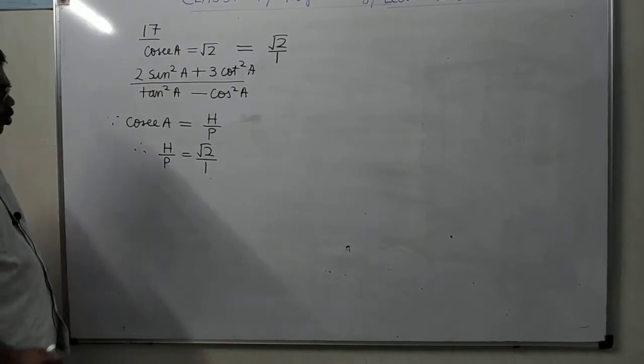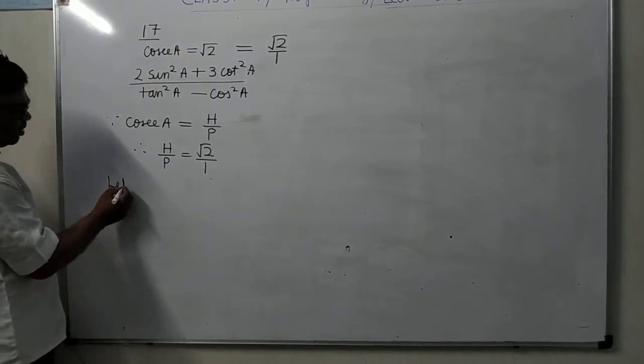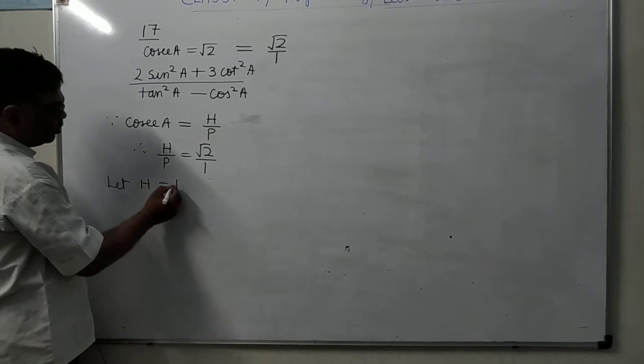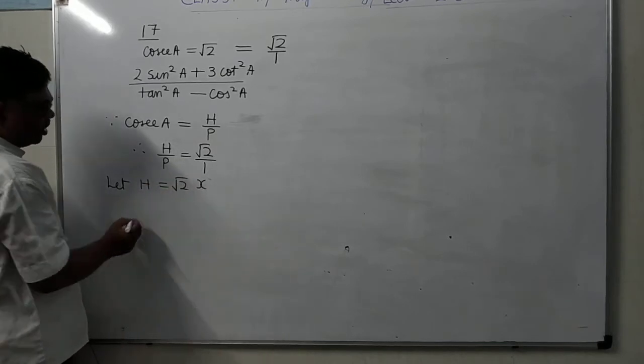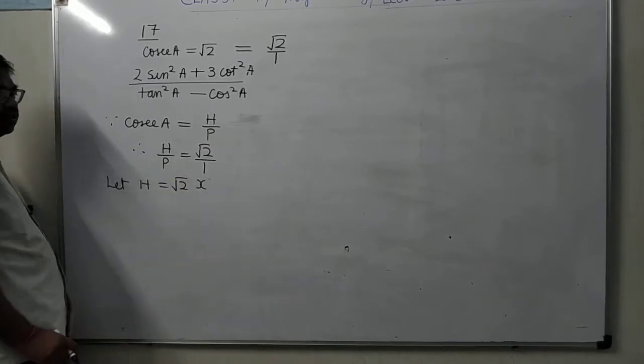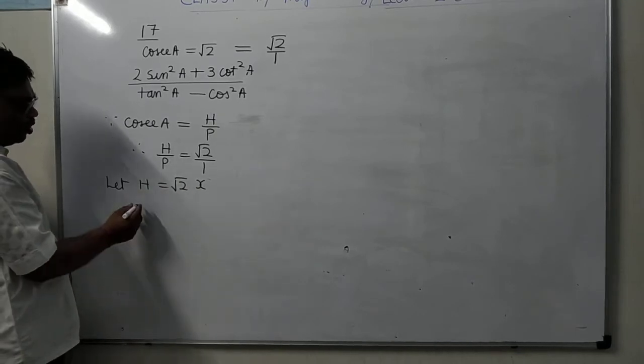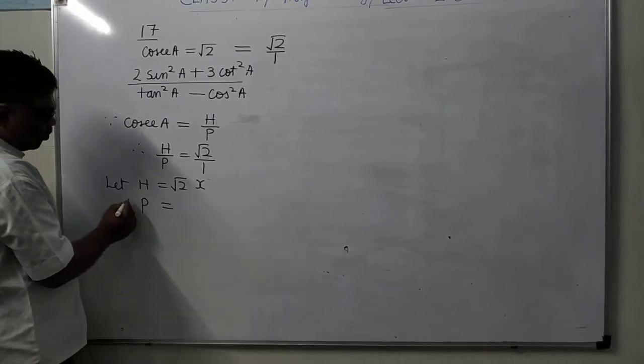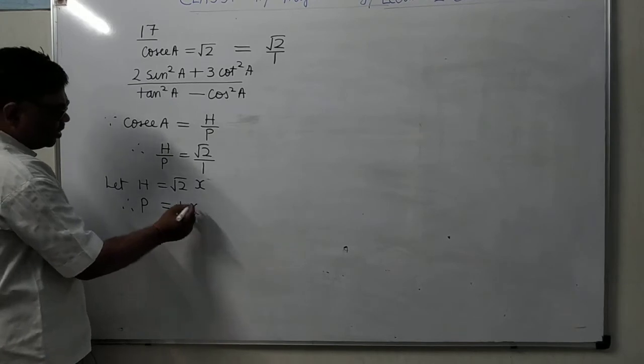So let hypotenuse equal root 2 x. You always write x also, you don't write only root 2. Therefore P equals 1x.